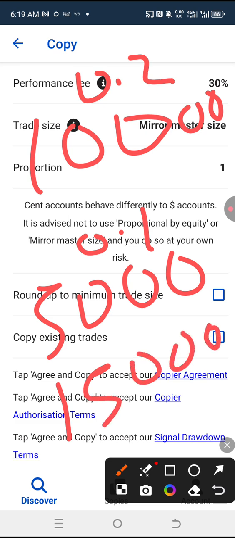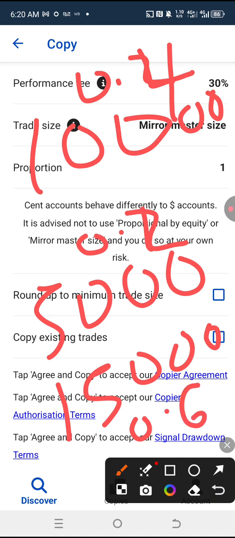You understand? But if you're on a high risk, 5,000 is 0.2, 10,000 is 0.4, 15,000 is 0.6, and so on. So I think you get it now. It's always good to maintain this.